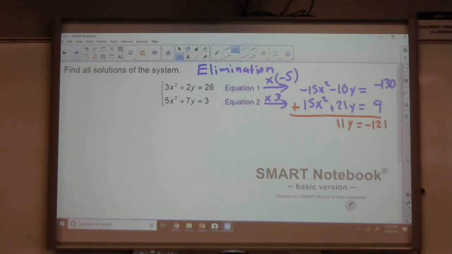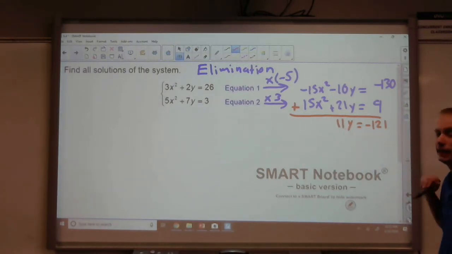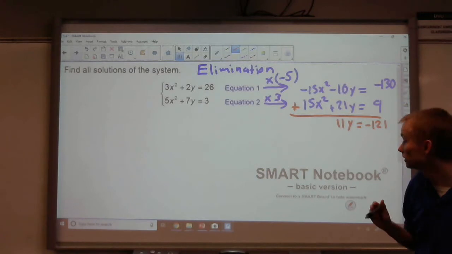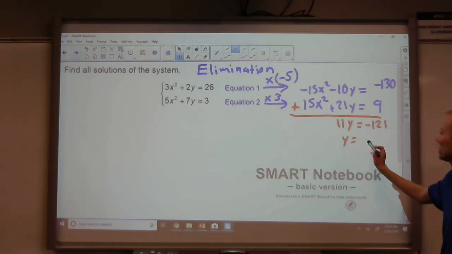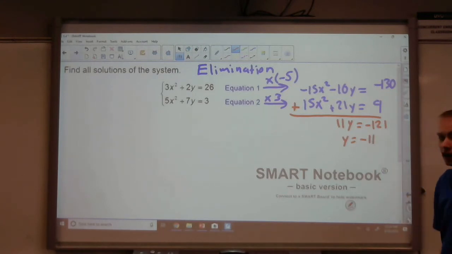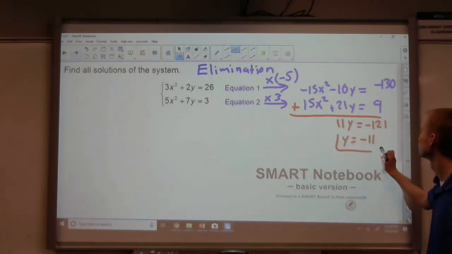So, 11y equals negative 121. I'm just going to divide by 11 now, and we get negative 11. Okay? So that's our y.